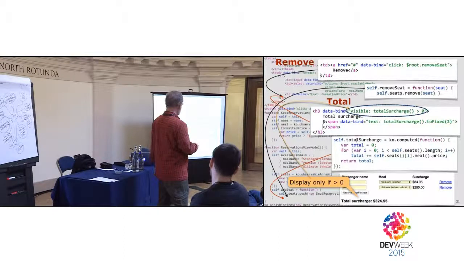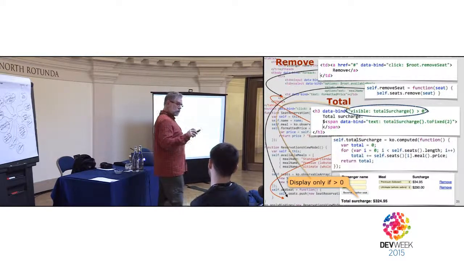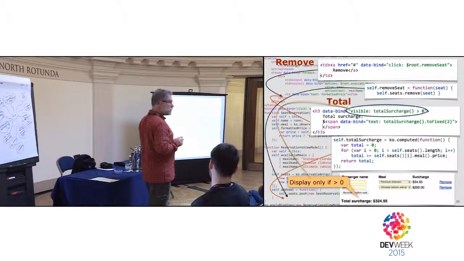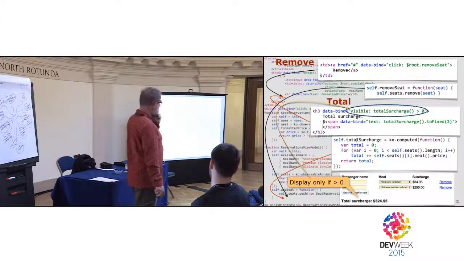But this is really just arbitrary JavaScript. This has nothing to do with Knockout. Right? This is just some function that's computing a value that Knockout is using. Okay, I'm trying to give everybody enough time to absorb this.